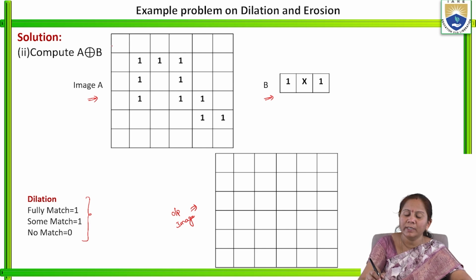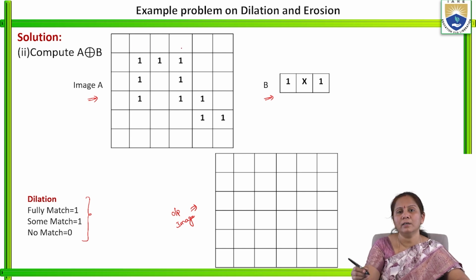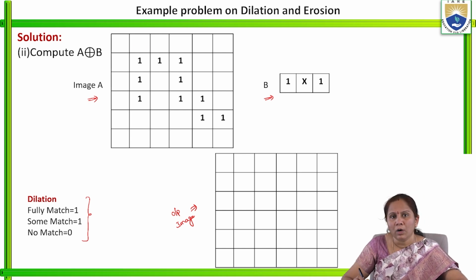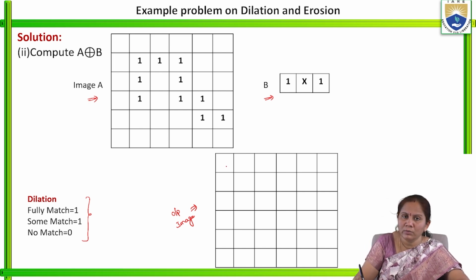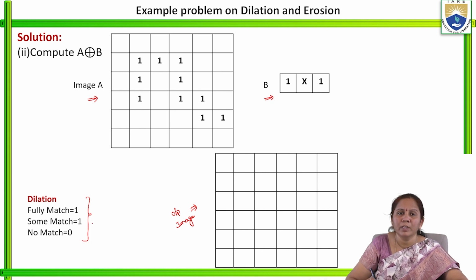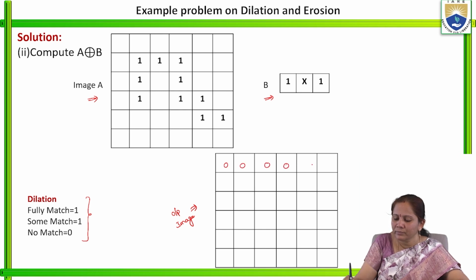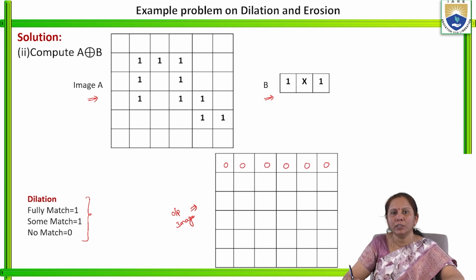So place this structuring element on this A. All the elements in the first row are vacant. So here also we can consider there is no match. So we will put all the elements as 0. Why? Because there is not at least 1 available.